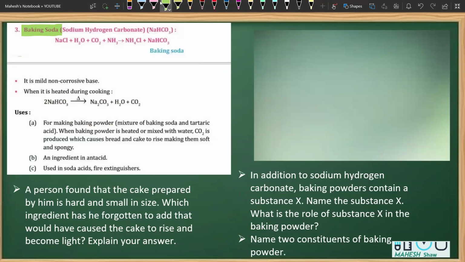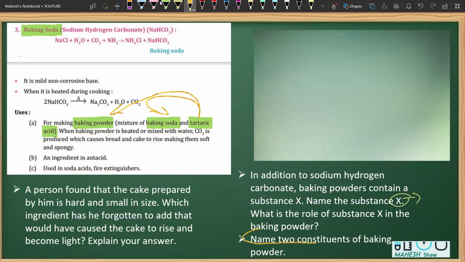And in order to turn it into baking powder, we mix this baking soda with a small amount of edible acid, that is tartaric acid. So we can say that the X he missed must be tartaric acid, or a mild edible acid. And I told you the role of this: tartaric acid neutralizes the bitterness of the baking soda. It helps in neutralizing the baking soda and turns it into baking powder.